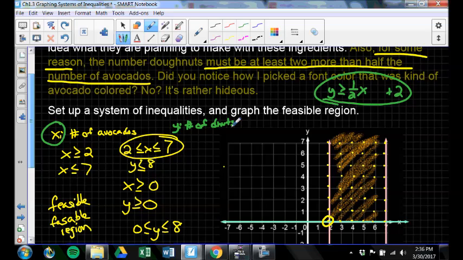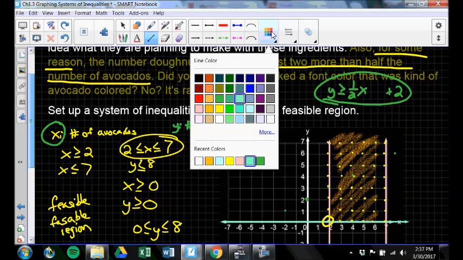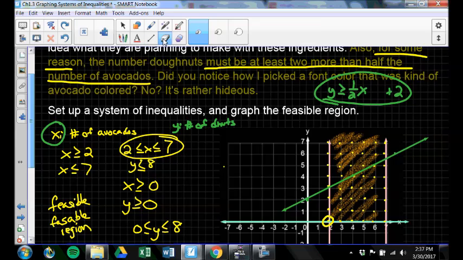So I'm going to graph that. Start at 2, go up 1, right 2, up 1, right 2, up 1, right 2, down 1, left 2. It's going to be another solid line. They often come out solid lines. This is going to go like this. Suddenly our feasible range is way smaller because everything here is gone.